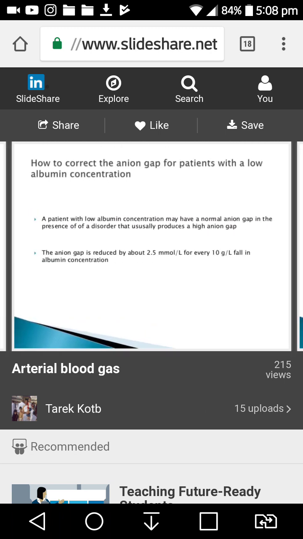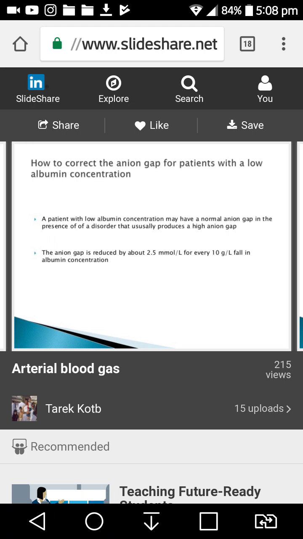Okay, here I want to mention a very important thing about albumin. If the patient has a low albumin concentration, he may have a normal anion gap in the presence of a disorder that usually produces a high anion gap. How is this?